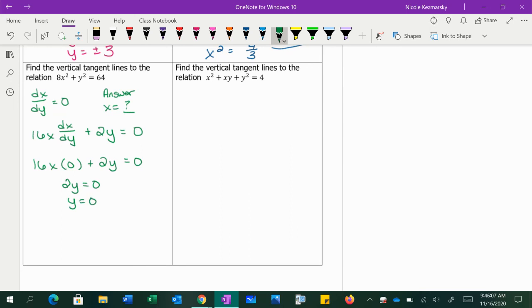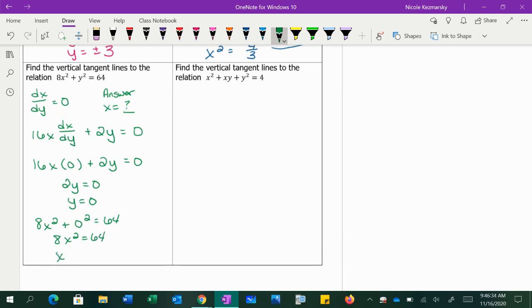But that's not what we're looking for. Vertical lines are x equals. They go up and down. So I'm going to go back to my original equation, just like what we did with the example above this, and put 0 in for y, which means now I have 8x squared equals 64.